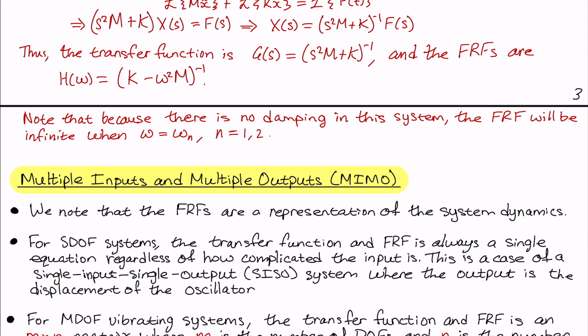So one of the two natural frequencies for the system. And this is what we found when we looked at this example in chapter 3. We found that the FRF blew up at the natural frequencies.